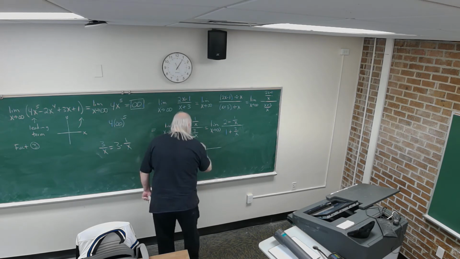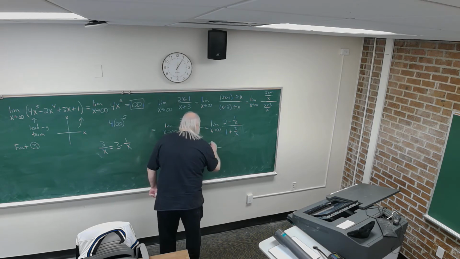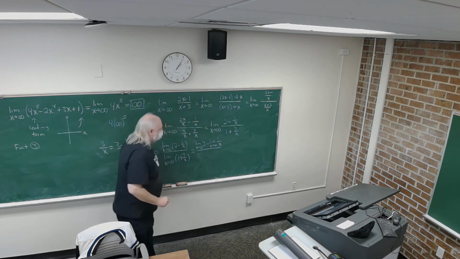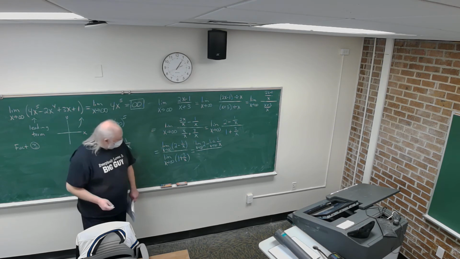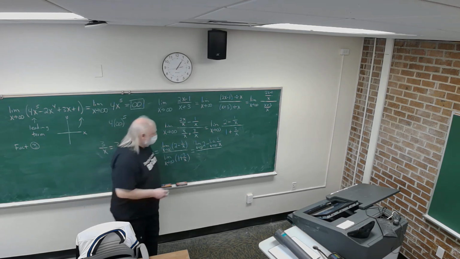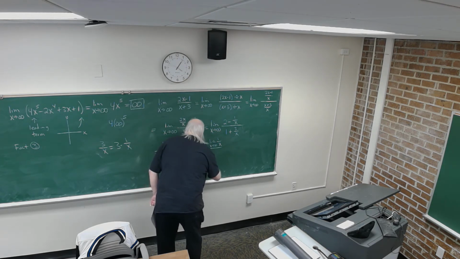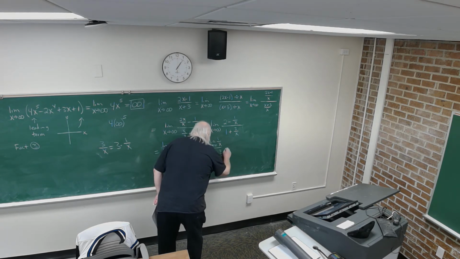So we have the limit as x increases without bound of 2 minus the limit as x increases without bound of 1 over x. In the denominator, this is the limit as x increases without bound of 1 plus the limit as x increases without bound of 3 over x.